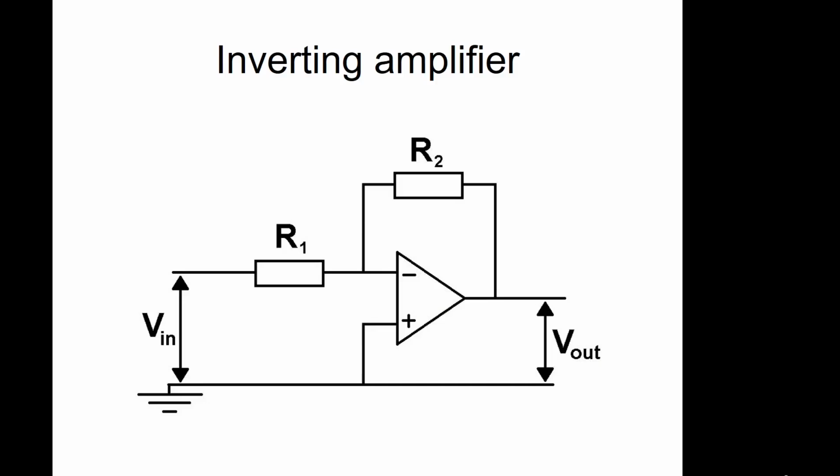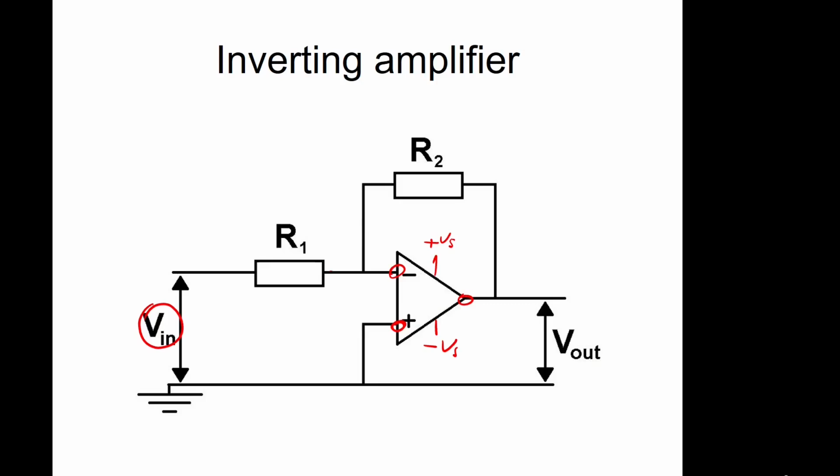So let's consider this circuit here. We've got an op-amp here. We've got the inverting input here, non-inverting input here, and the output here. Now, bear in mind, you do also need a voltage supply on here. So we would have a plus Vs and a minus Vs to supply power to the op-amp. And what we're doing is we've got an input voltage here, and this input voltage is being fed through a resistor into the inverting terminal of the op-amp.